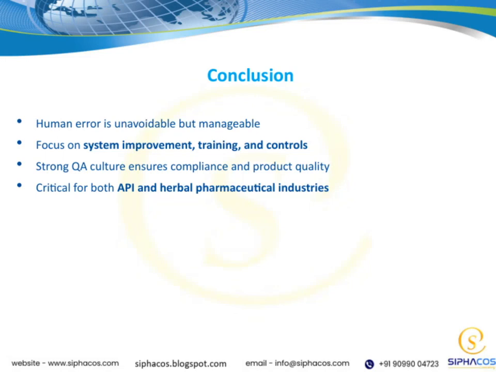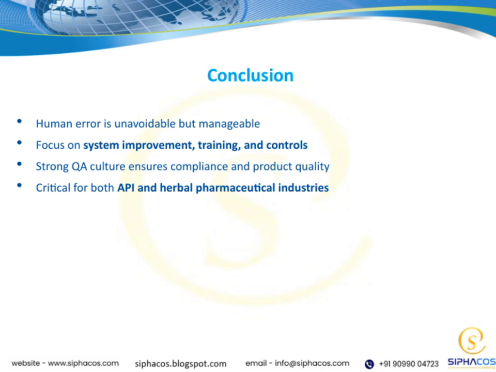So, to wrap things up, I want to emphasize that human error is something we can't completely eliminate, but it is definitely something we can manage effectively. The key is to focus on improving our systems, providing proper training, and implementing strong controls to reduce the chances of mistakes. Having a solid quality assurance culture is essential.